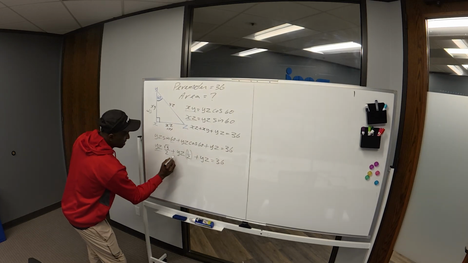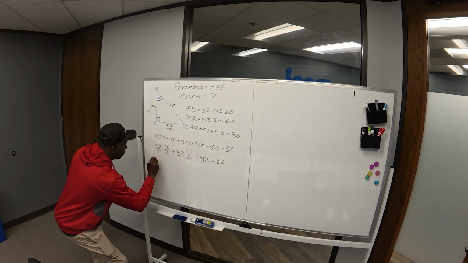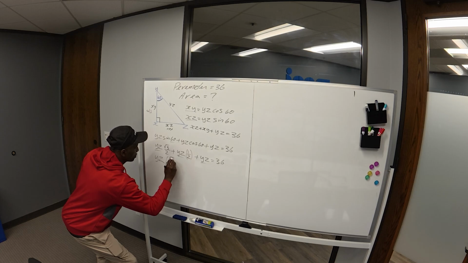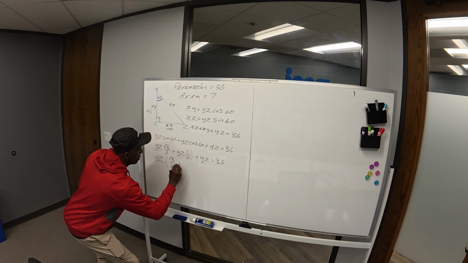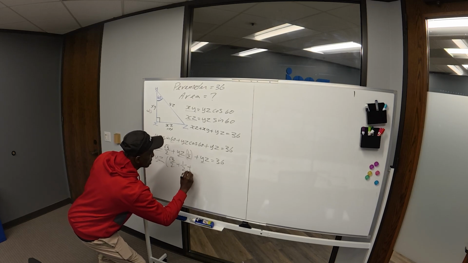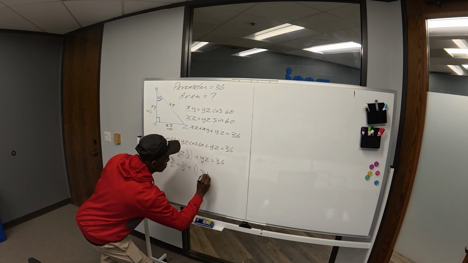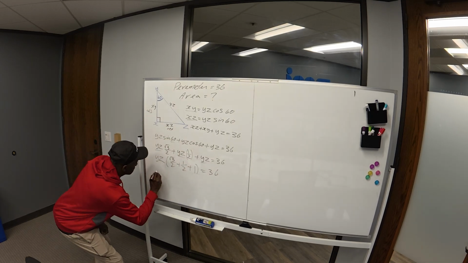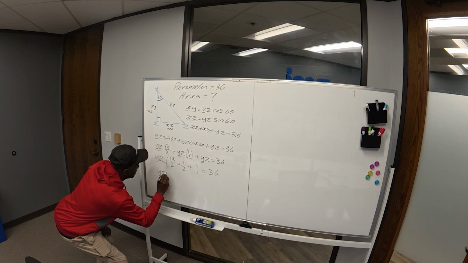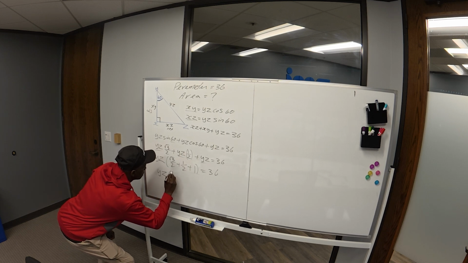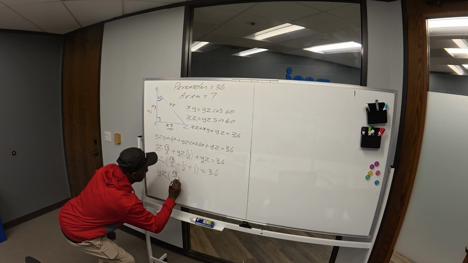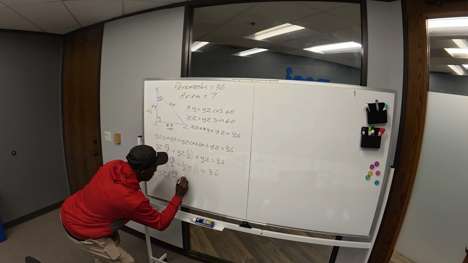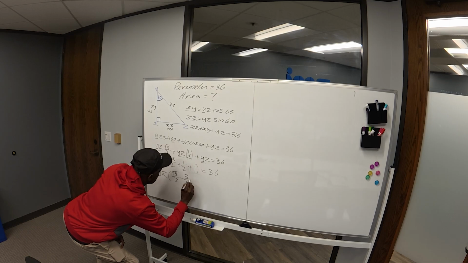We see that YZ is common everywhere, so we put YZ on the outside: YZ outside of square root of 3 on 2 plus a half plus 1 is equal to 36. We can add these terms: a half plus 1 is 3 on 2.